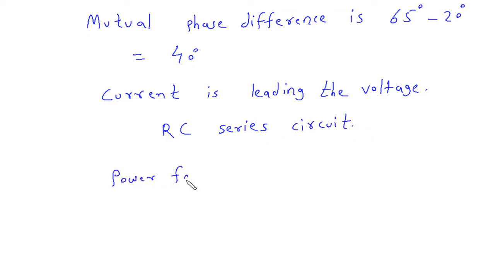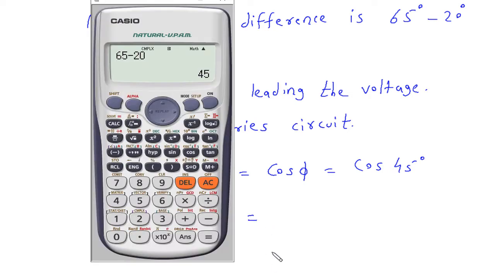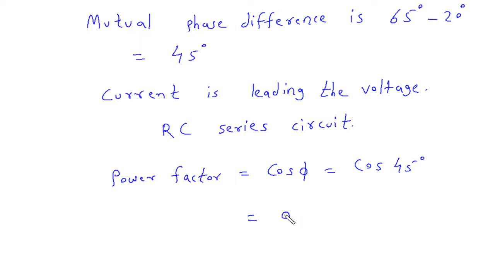Power factor is equal to cos phi, and the angle phi is 45 degree. So this will be cos 45, and cos 45 is 0.707, and this will be leading.